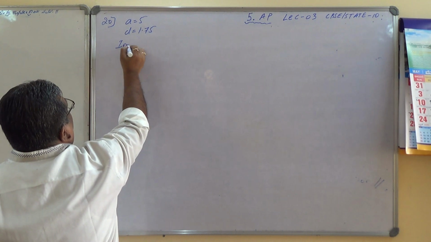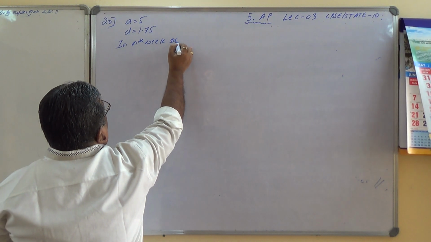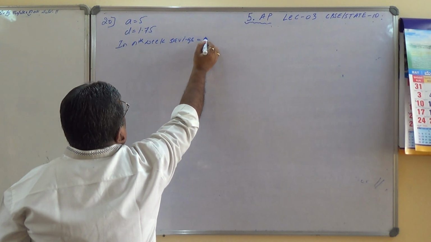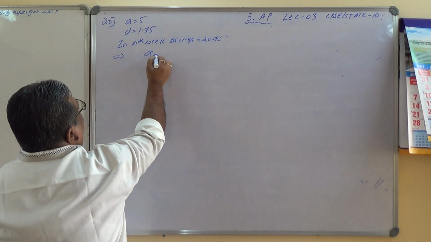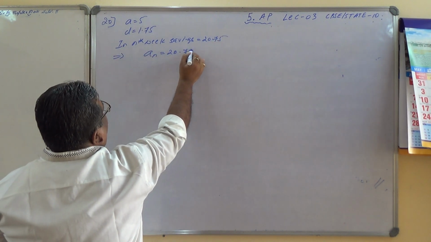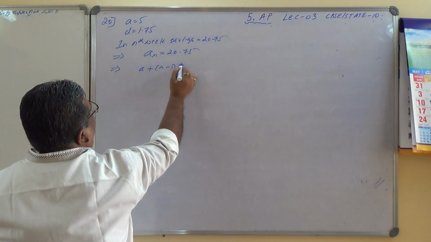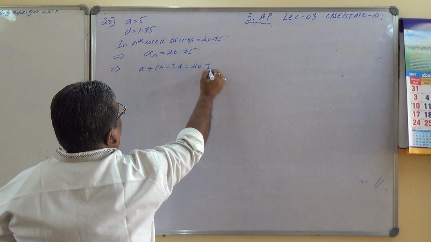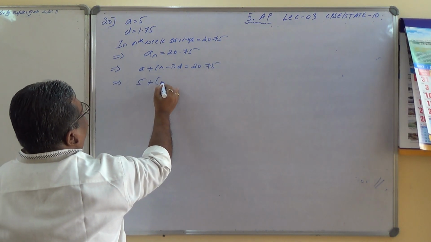So in the nth week savings equals 20.75, implies an equals 20.75, a plus n minus 1 into d equals 20.75.